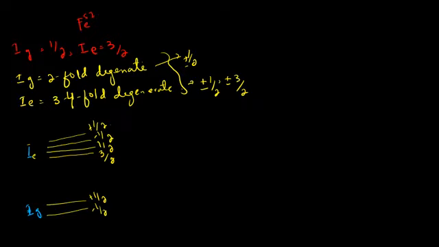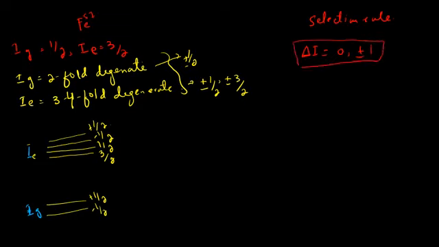Now here is one more important thing about this: the selection rule. The selection rule is that delta I should be equal to 0 or plus minus 1. Only those transitions between the ground state and excited state of the nucleus are allowed for which delta I is equal to 0 or plus minus 1.